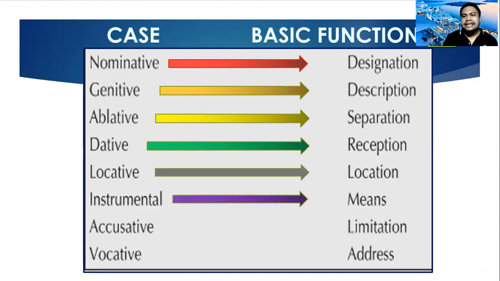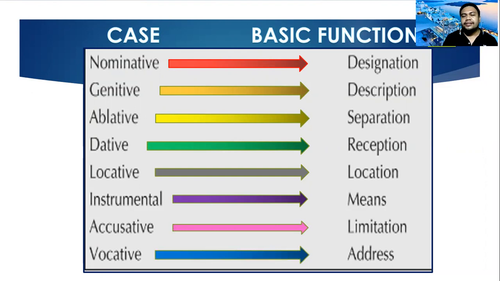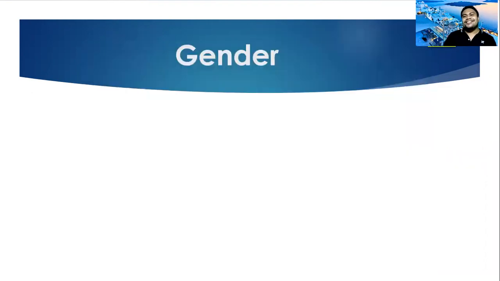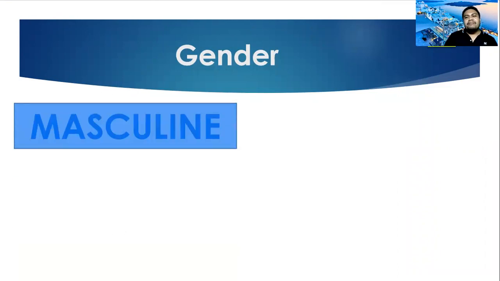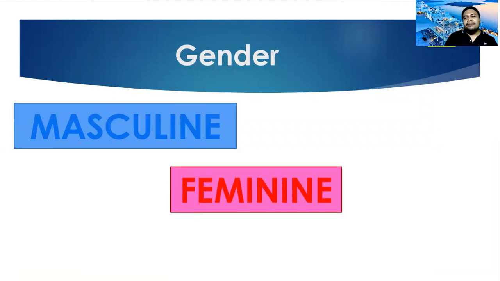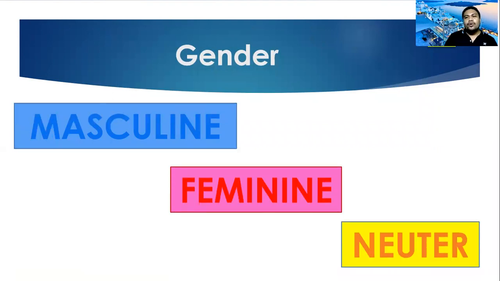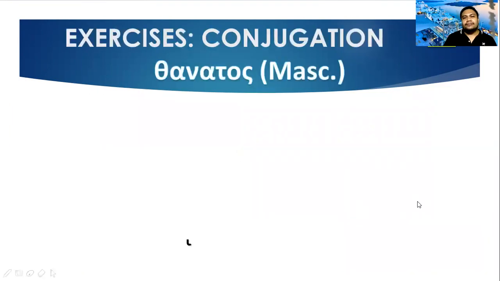Instrumental, means or instrument. Accusative, limitation. And vocative is the case of address. Very good. Let's proceed to the gender. Of course, there are three. We have the masculine, the feminine, and the neuter. But of course, the second declension is usually composed of the masculine and the neuter.